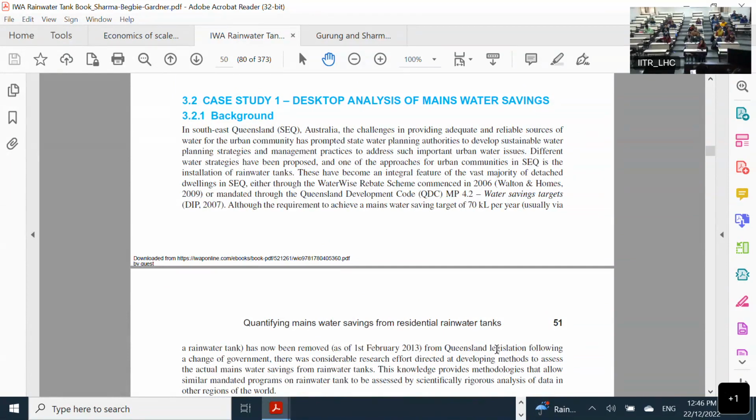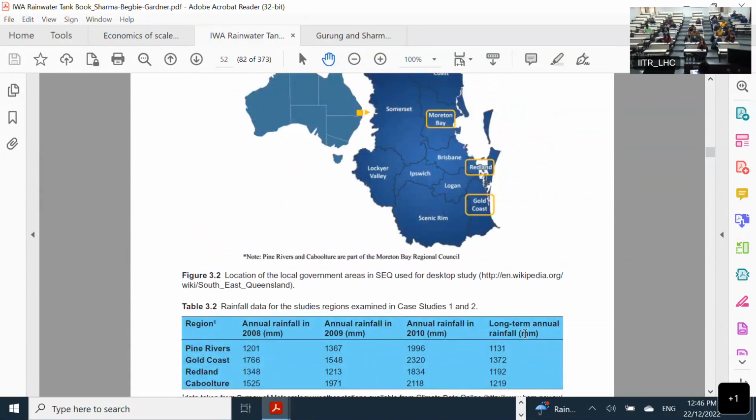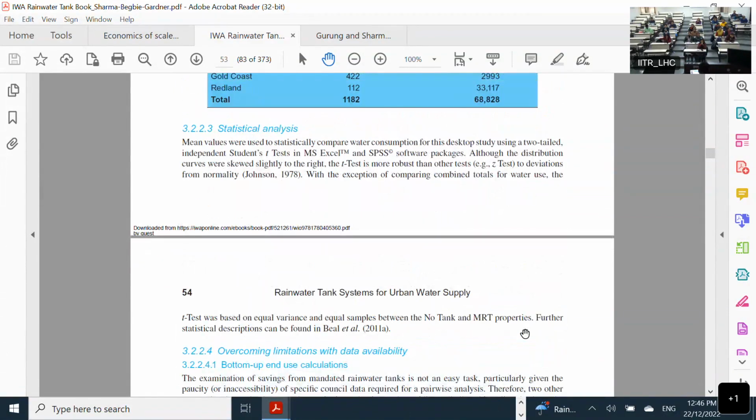You compare the water billing, and then you can see the changes in the demand for potable water supply because of that.